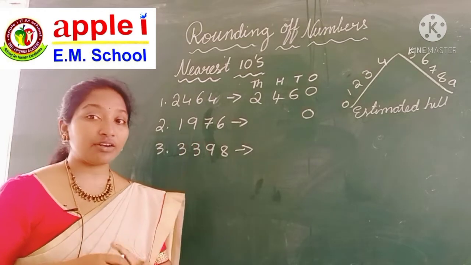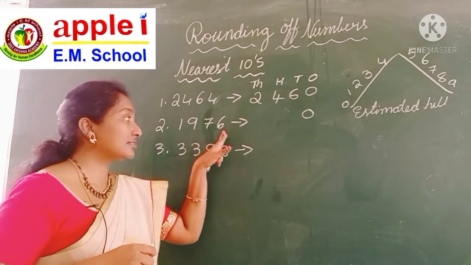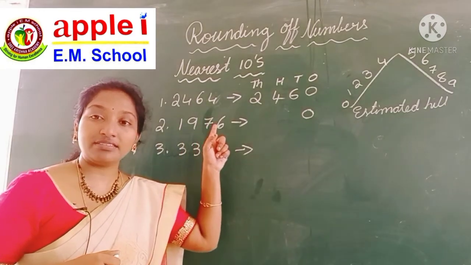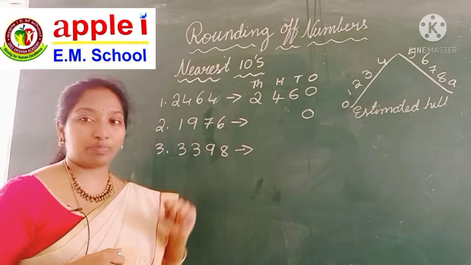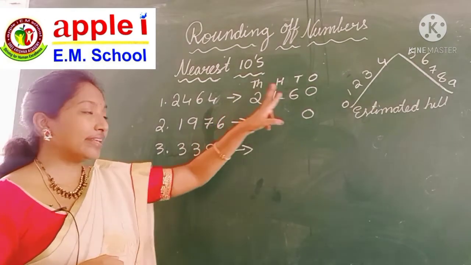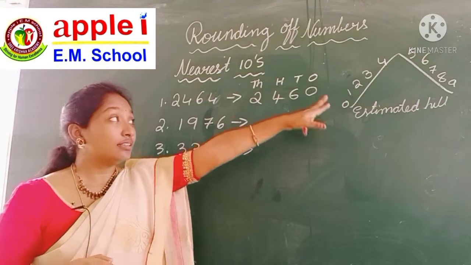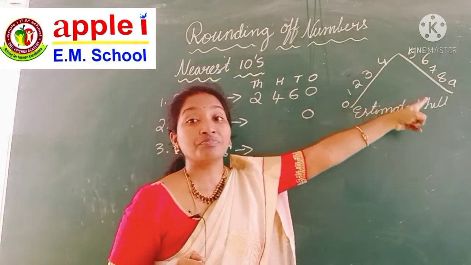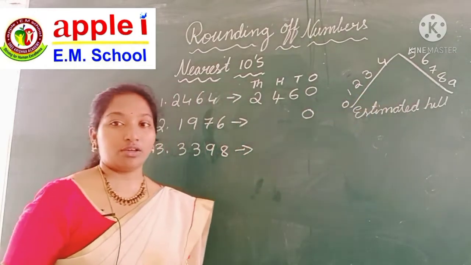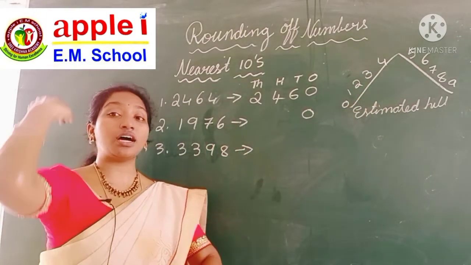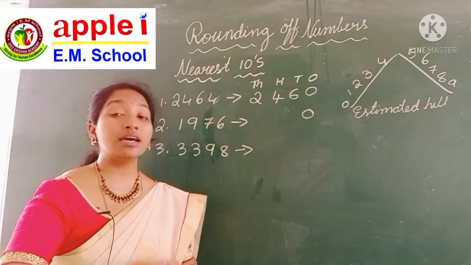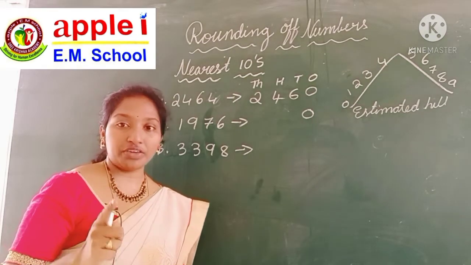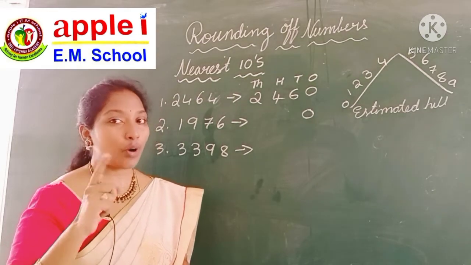What is here in the 1's place? 6. So let us see the estimated hill. 6 means we will go to the other side of the mountain. So we will get 1 point.